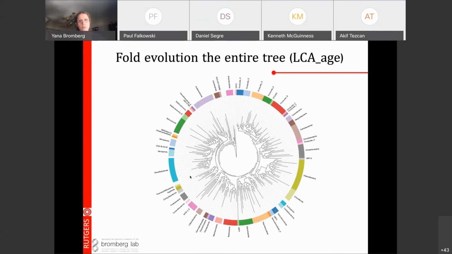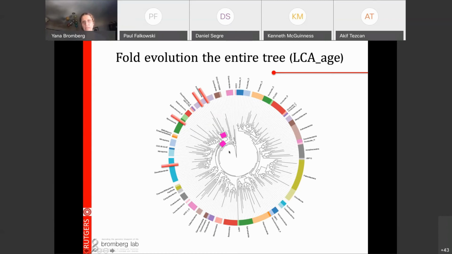So for instance, if there were two organisms in the acidobacteria that had a particular fold, then the origin of this fold could be mapped to over here, where the purple square I had put up. Now, if the fold was also present in these organisms, then the origin would potentially be earlier.